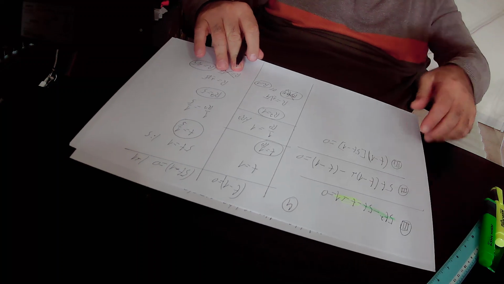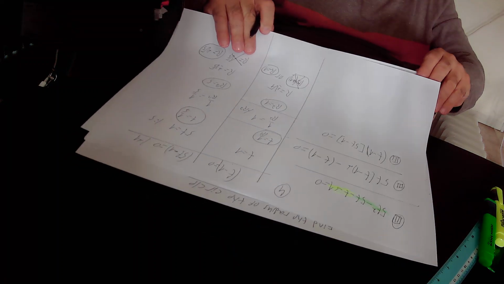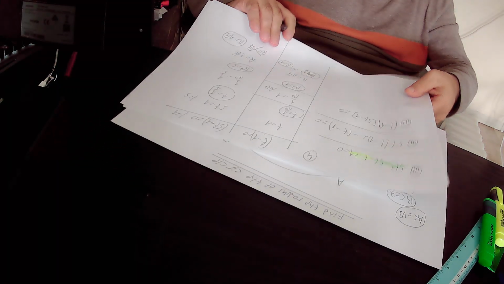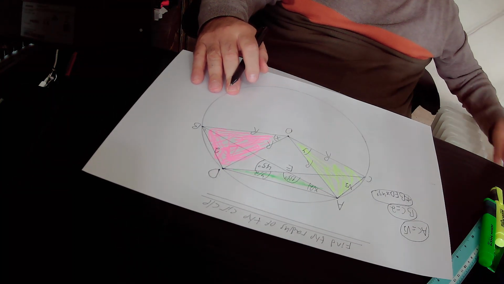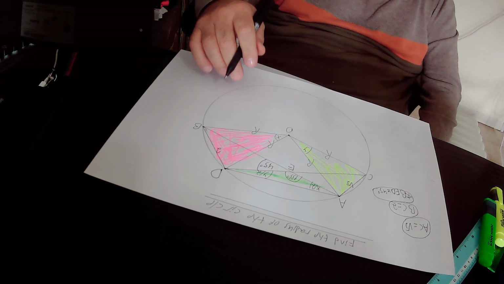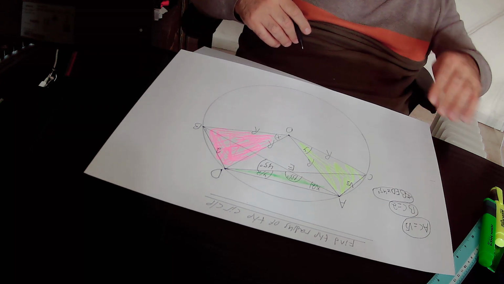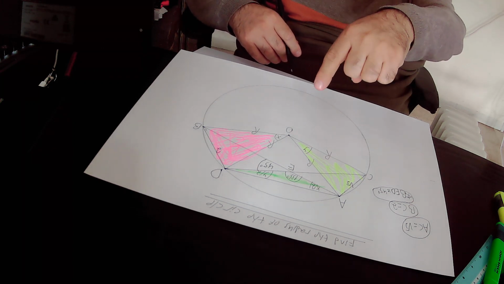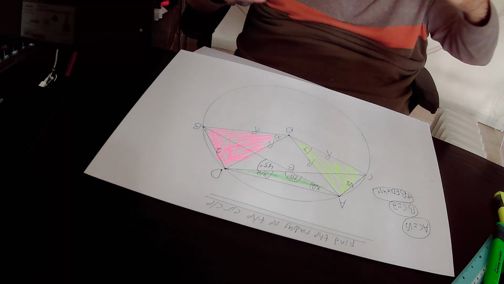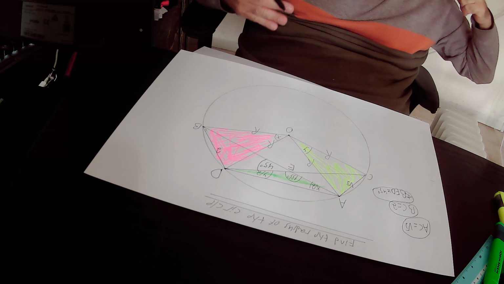In the next step, we will focus on the drawing. We have chord DB equals 2 units, and it is very easy to see that chord DB doesn't pass through point O, that is the center of the circle.